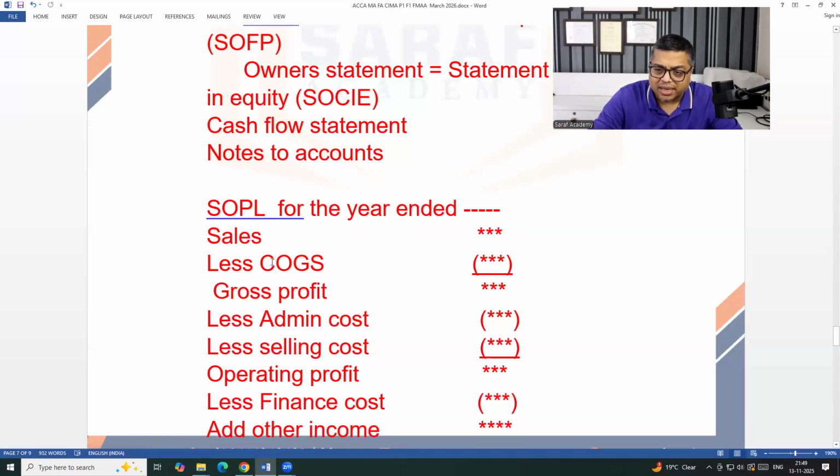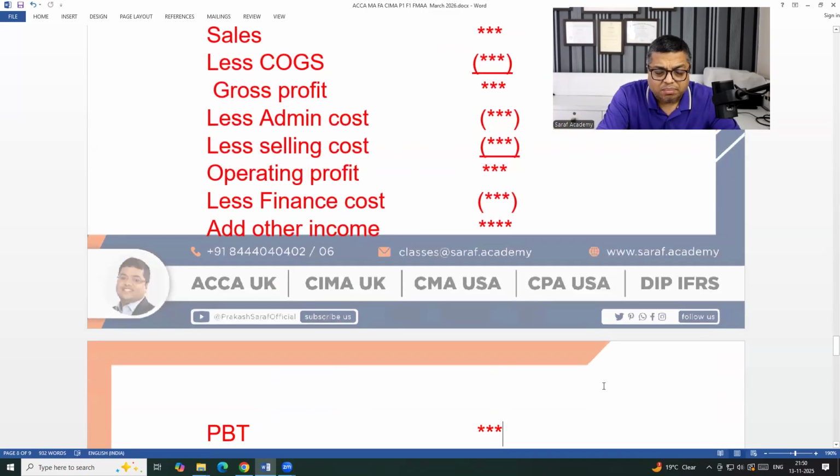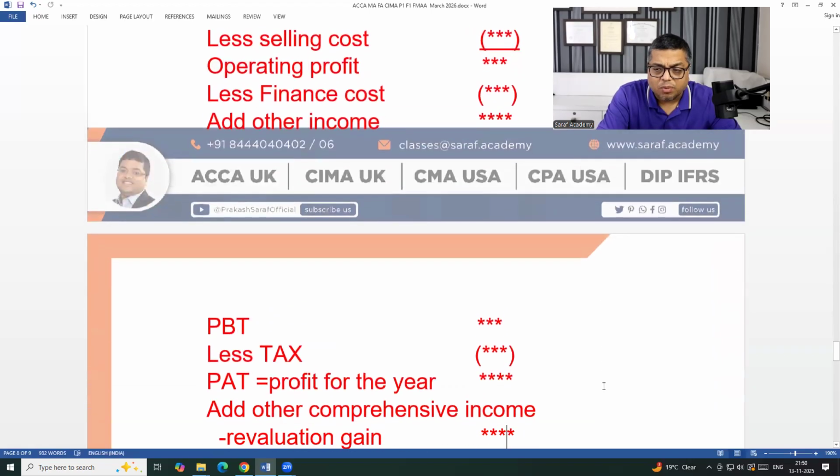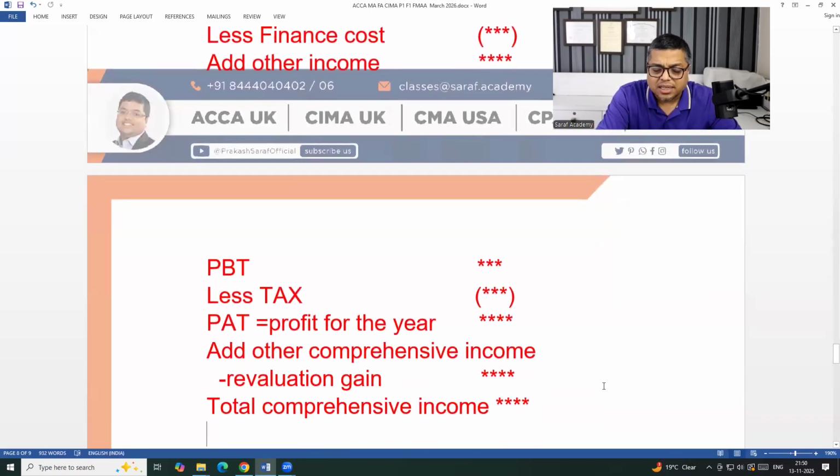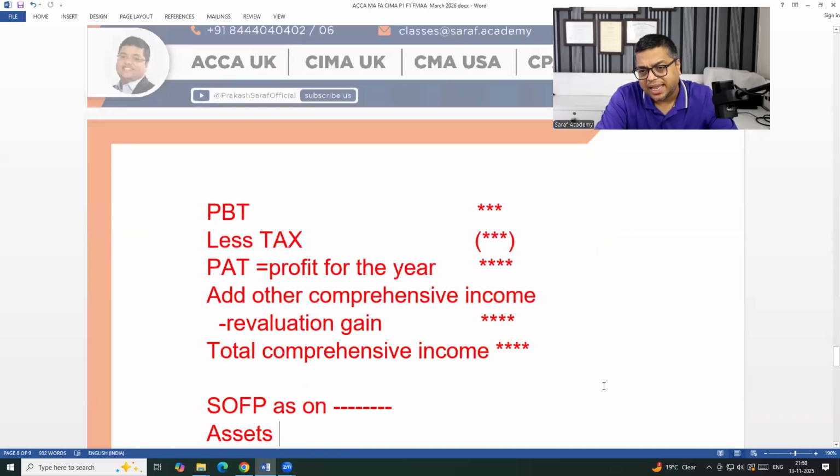Whatever any organization is doing on a day-to-day basis is their business. That is their sales revenue. To generate sales revenue, whatever the cost of goods sold, then admin and selling, operating income. From operating income, finance cost, interest, if you have borrowed any money, then other income, gives you PBT, profit before tax, then tax, gives you profit after tax.